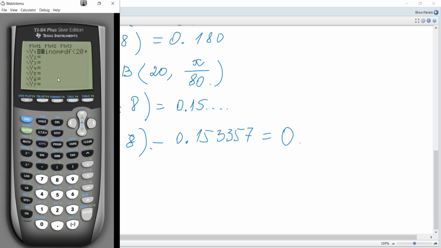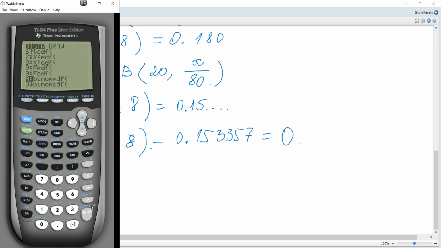And we use a calculator, and y is the probability that y is 8, so it's a binomial, so we choose distributions, binomial PDF, because it's for a single value.